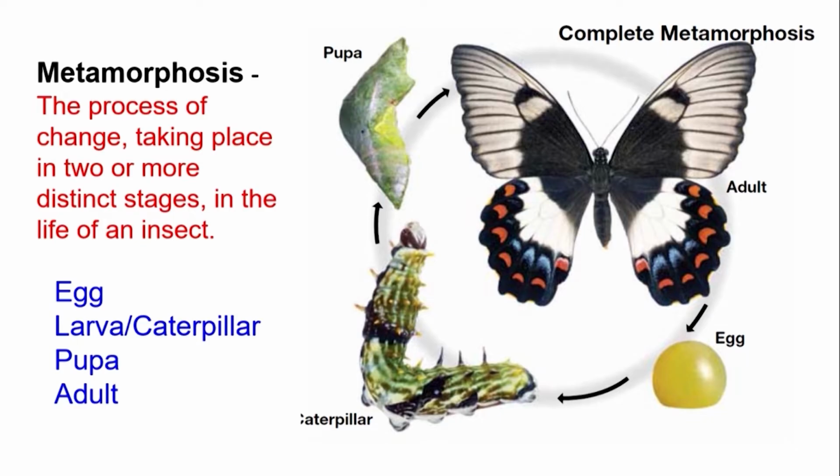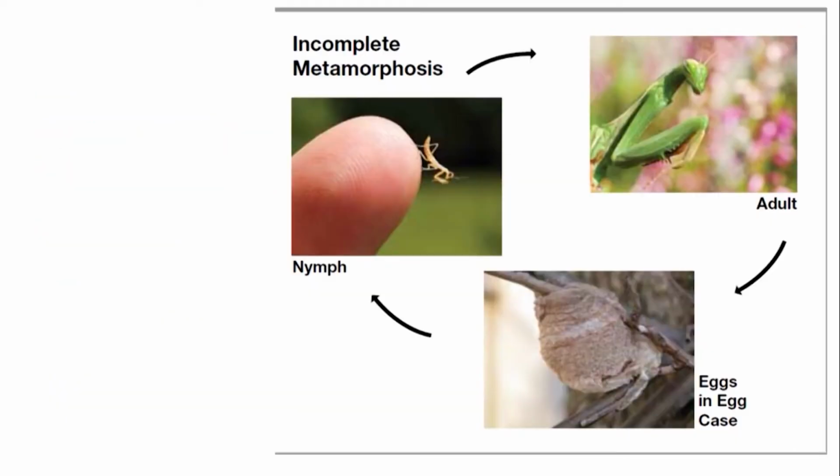Good job. Now, let's talk about a different type of metamorphosis. This is an incomplete metamorphosis. The incomplete metamorphosis only has 3 stages. That's the egg, the nymph, and the adult.